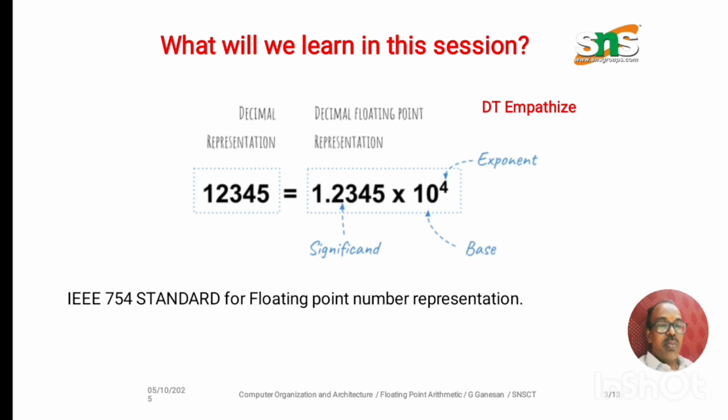IEEE 754 is a worldwide accepted standard for representing floating point numbers. Any floating point number we use in computer systems must be represented by the IEEE 754 standard.